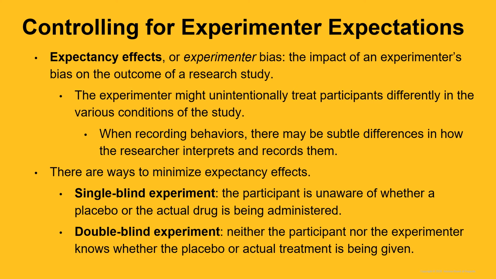So to help minimize these kinds of expectancy effects, we at least want to employ a single blind experiment where the participant is not aware of whether they're actually receiving an actual treatment or not. But an even better option is the double-blind experiment, so that even the experimenter and the participant both don't know whether the participant is in the treatment group or the control group.